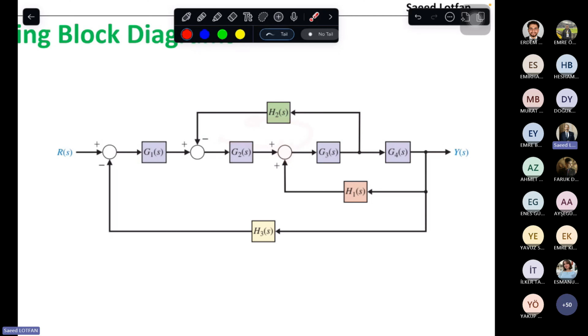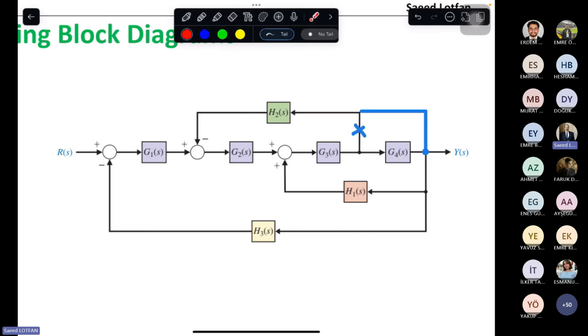For example, if I get this from here and bring it here, is that possible? So first step, I cut this here. This signal here was not seeing G4, but now when I bring it here, it is seeing G4.